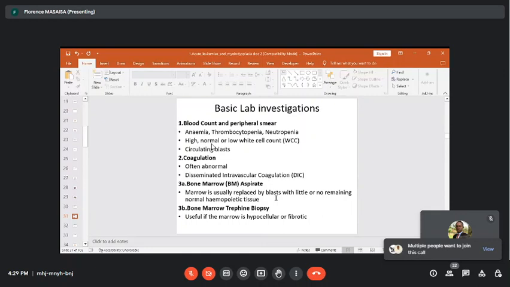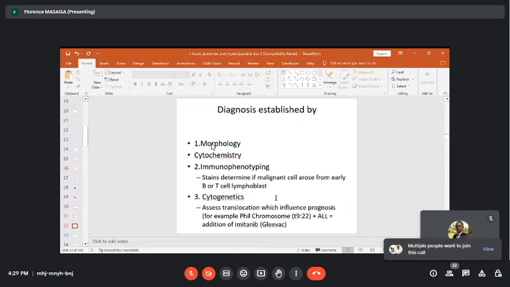The bone marrow may be hypocellular or fibrotic. So you have to do morphology to describe the cells which are seen. We have immunophenotyping. We have also cytogenetics, which will show you which translocation is seen, for example, in case of the Philadelphia chromosome, which is a translocation between the long arm of chromosome 9 and chromosome 22.